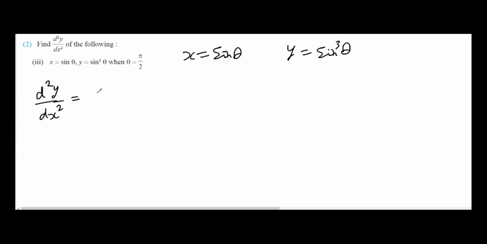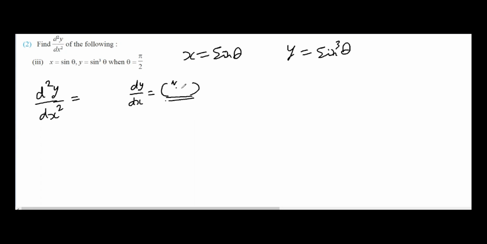When I say try to eliminate theta, that means when you are finding dy by dx, the answer you get should not contain theta. I'm not saying you must do it, you can try to do it.